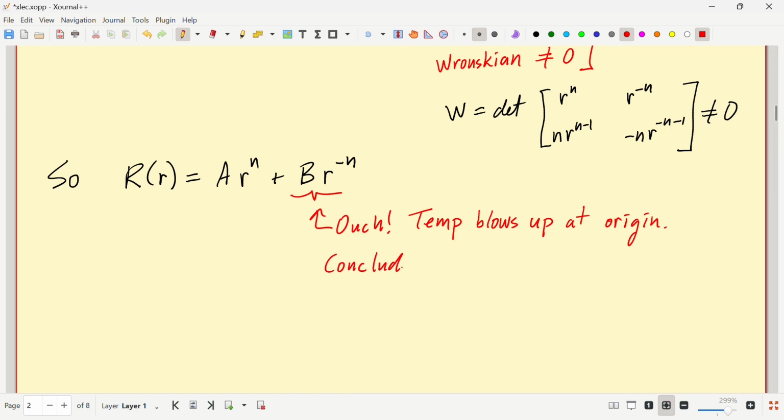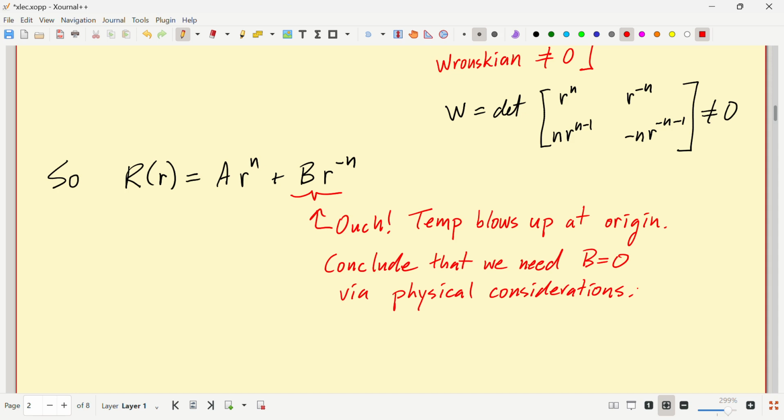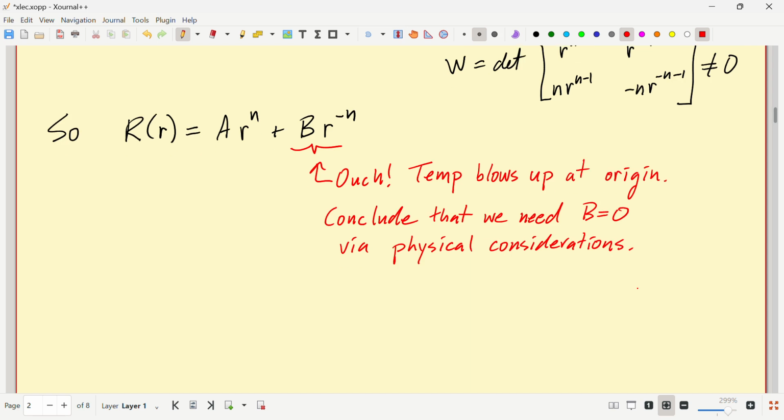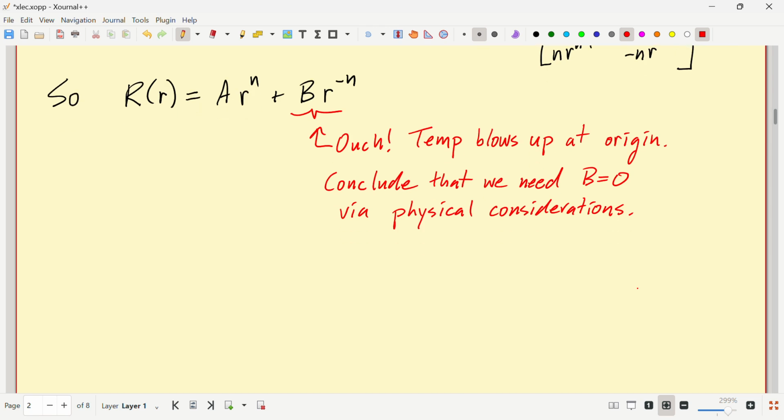We conclude that we need B to be 0, via physical considerations. Physics, conservation of energy: if you pump in a finite amount of energy, you're going to have a finite total energy. Can't be blowing up like that. Okay, so this is good news.